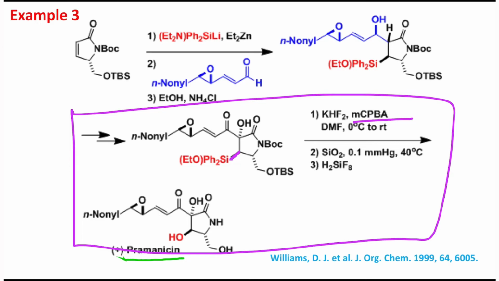So what happens? Selectively on the top side, this carbon silicon bond was replaced by a carbon OH bond. So this is the third example. Students, I am not going into much detail, because I know this lecture is already significantly lengthy, and this condition, you see, is a significantly mild condition.